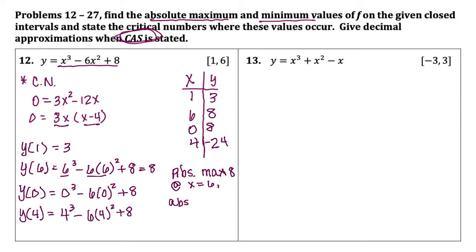And it looks like it occurs again at 0. So 0 and 6, interesting. And an absolute min of negative 24, and that occurs at x equals 4.